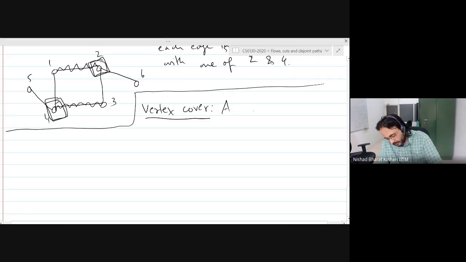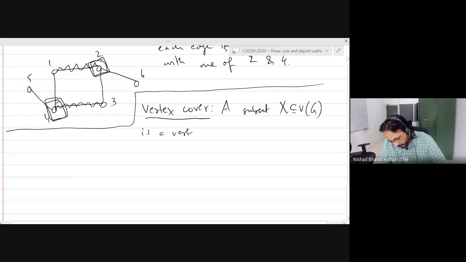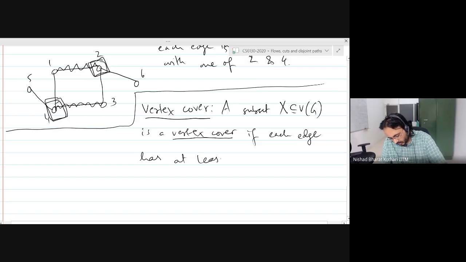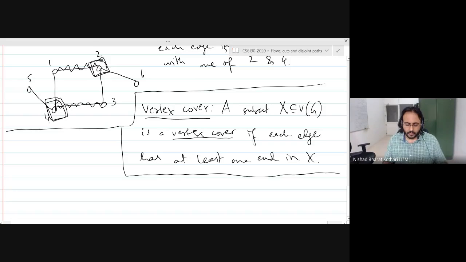A subset X of the vertex set of a graph is a vertex cover if each edge has at least one end in the set X. Okay?